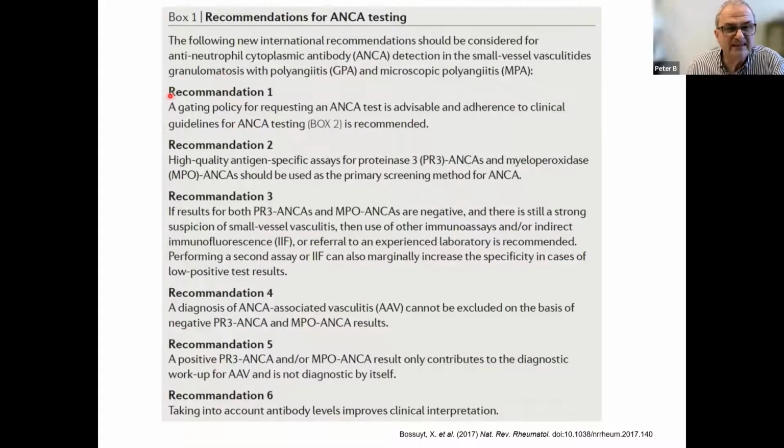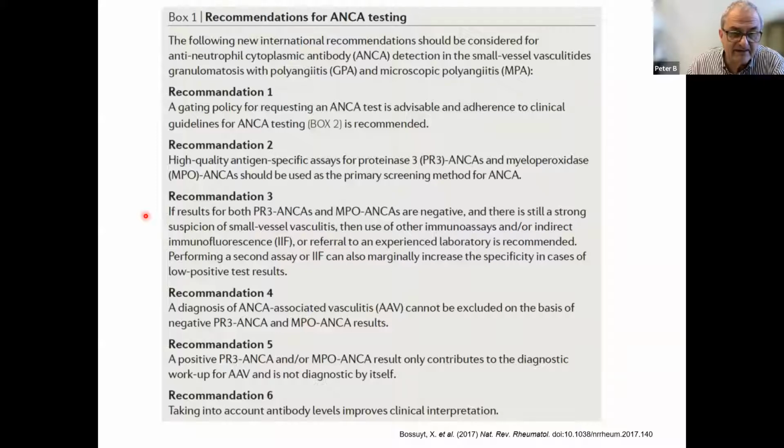So you should have a gating policy for which patients you choose to test for ANCA. You should have a modern high-quality antigen-specific assay. If both PR3 and MPO ANCA tests are negative, and you have a strong suspicion, then it's recommended to use another immunoassay or also immunofluorescence to repeat the test.